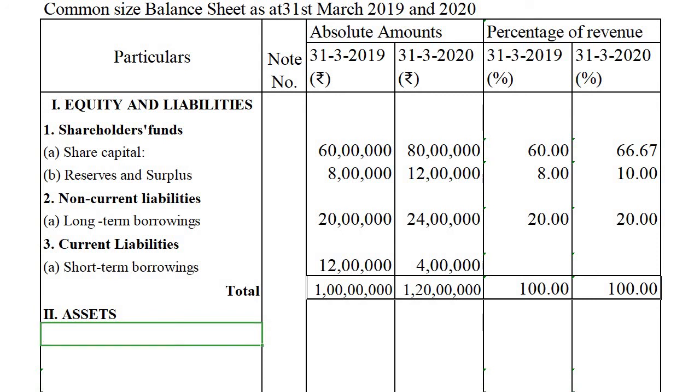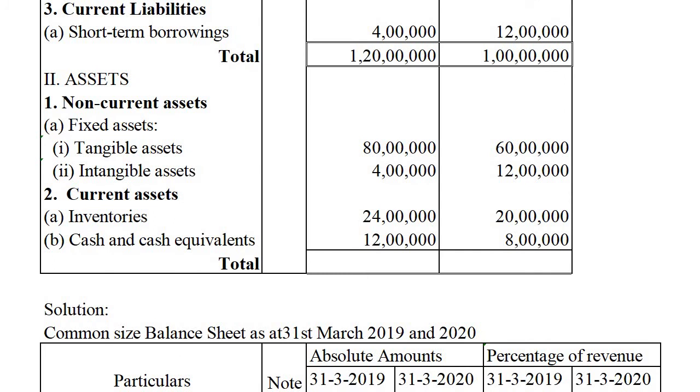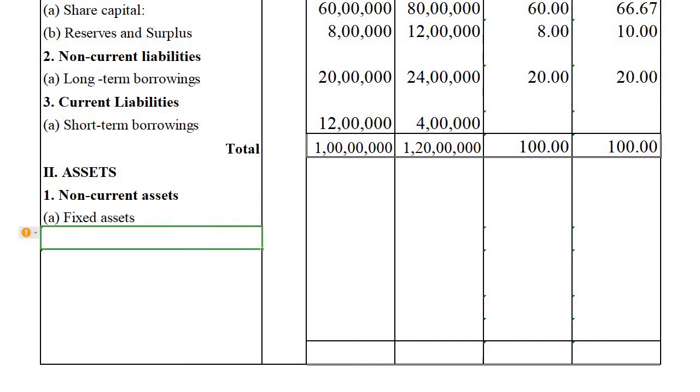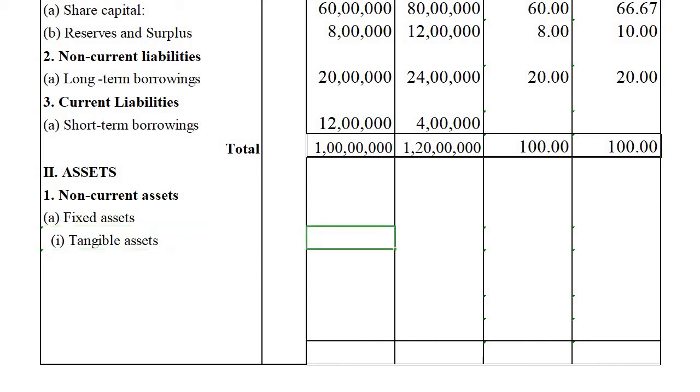In assets, the first category is non-current assets. So what is given in the non-current assets? In that, fixed assets, tangible assets and intangible assets both are given. Out of the fixed assets, tangible asset for the previous year is 60 lakh, and for the current year 80 lakh.